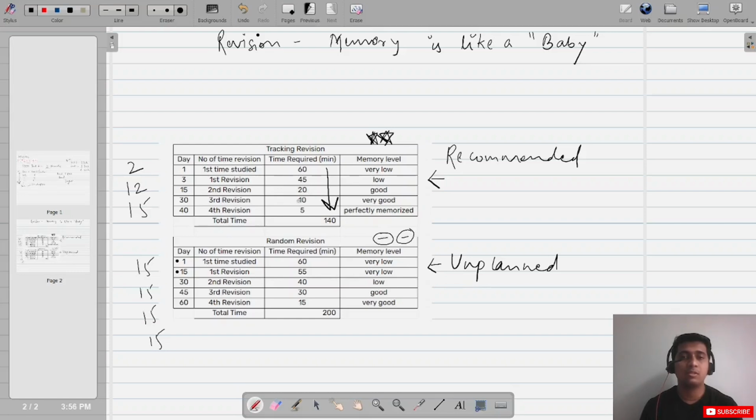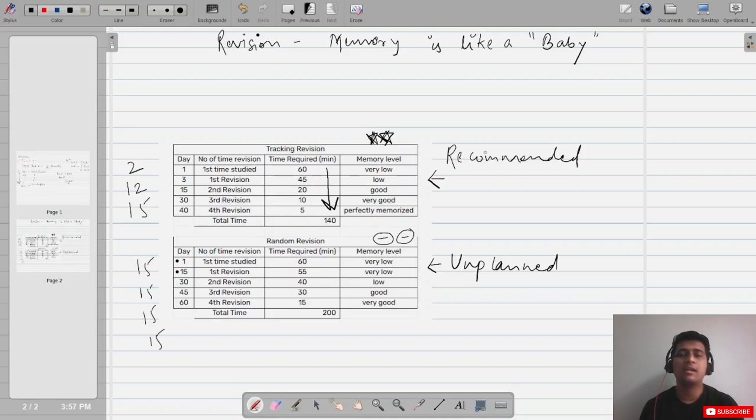Here 40 minutes becomes 15 minutes, and in just 5 minutes you can revise the whole thing. You have gained such a good memory level that you don't need much effort to revise it. But on the other hand, in an unplanned random revision, you are initially giving 60, 50, 40, so the time required is more.